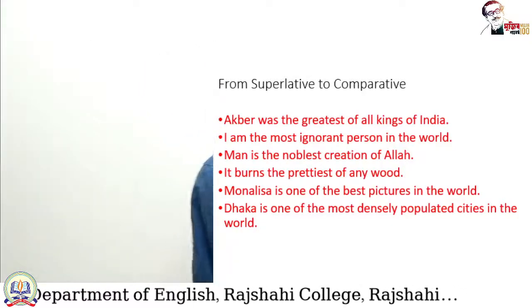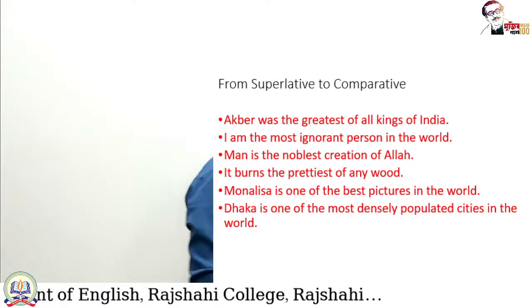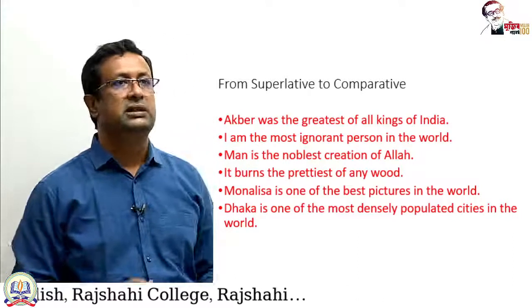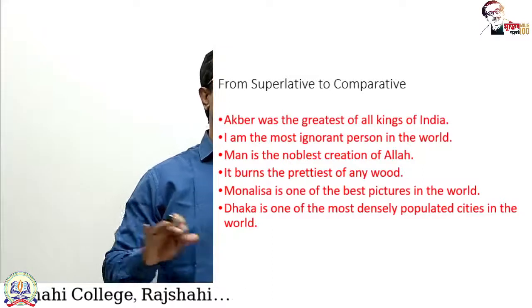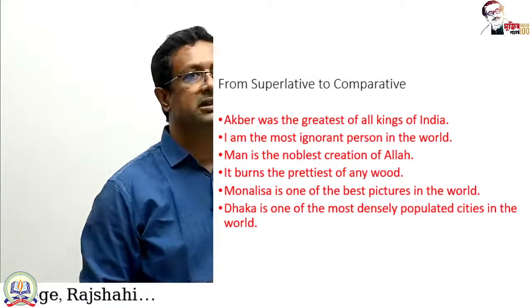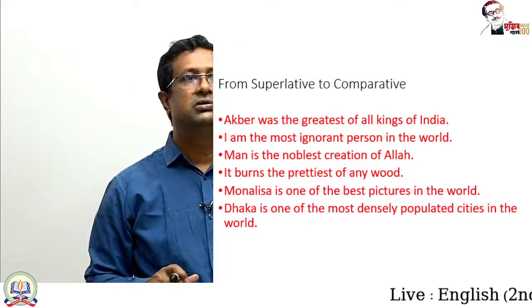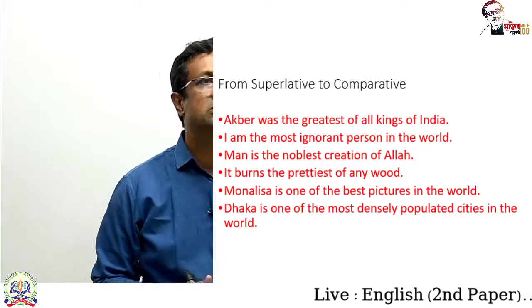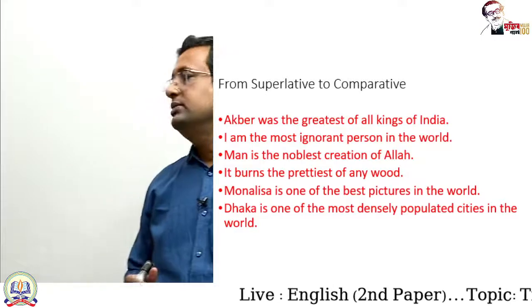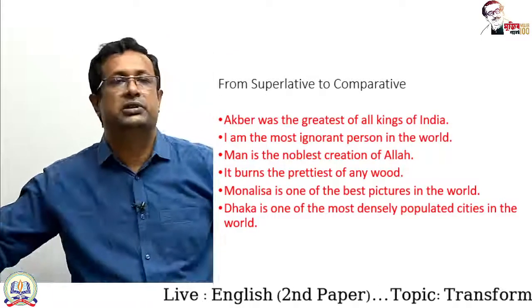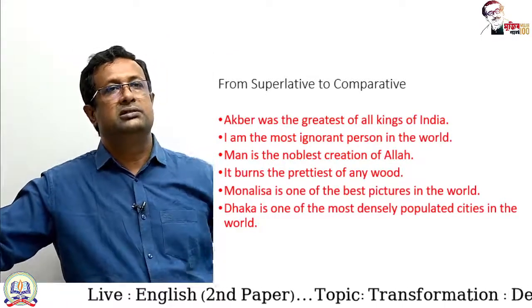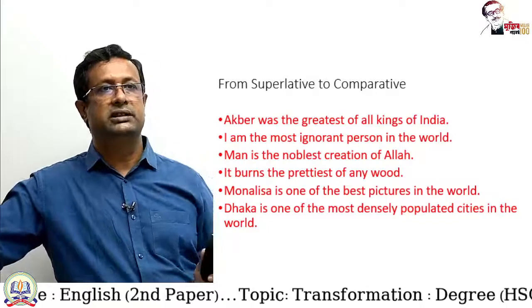At the same time, a single person is not in the superlative form. There are some other people of the same category, of the same status, or with the same qualities. Then we use one of them. When we say Nazrul is the greatest poet, Nazrul is the only single person who is the greatest.